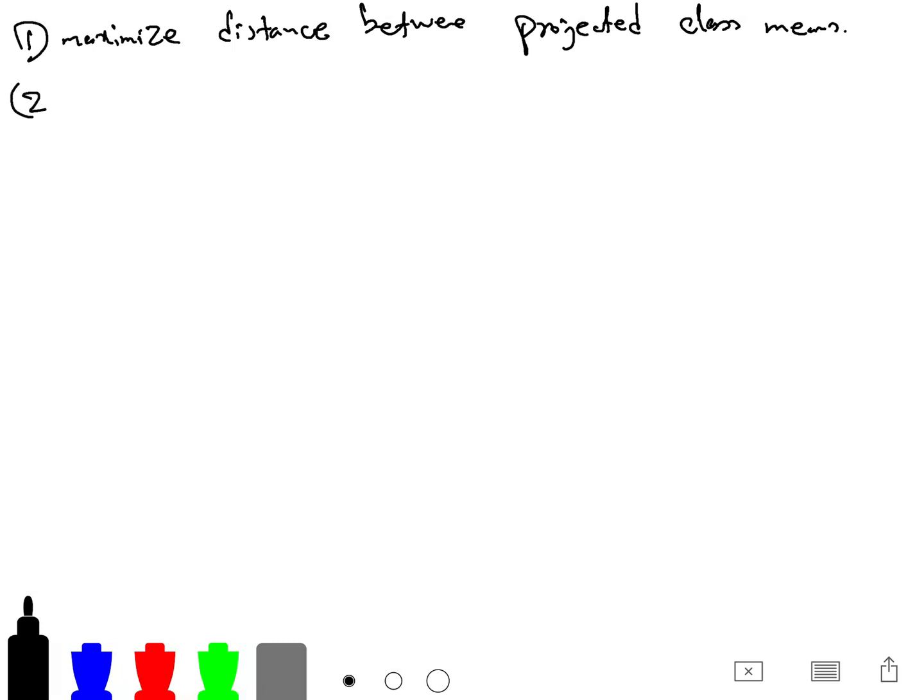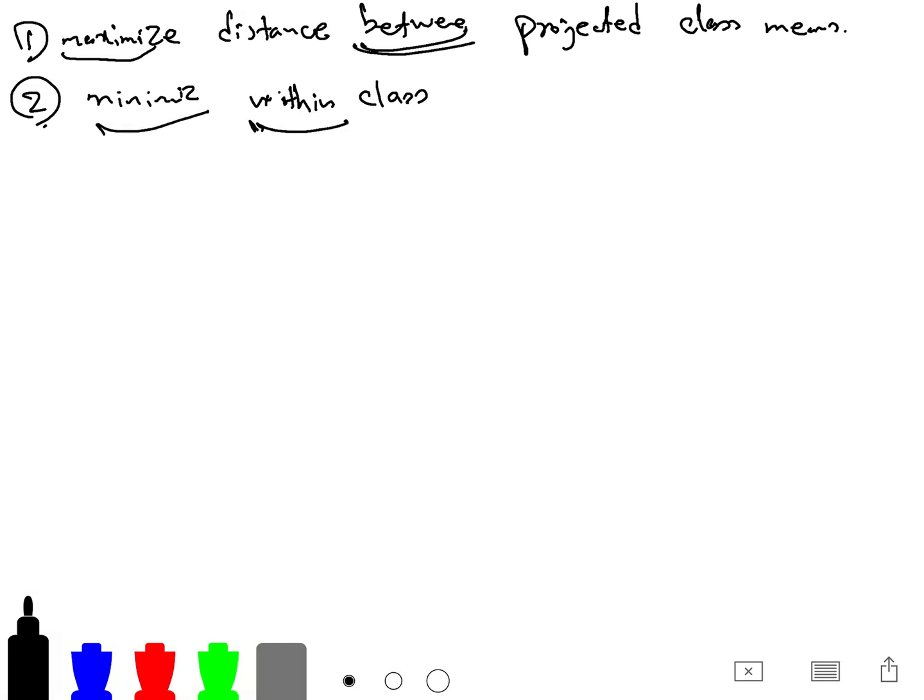And goal 2 is to minimize within class variation. Maximize between class, minimize within class.